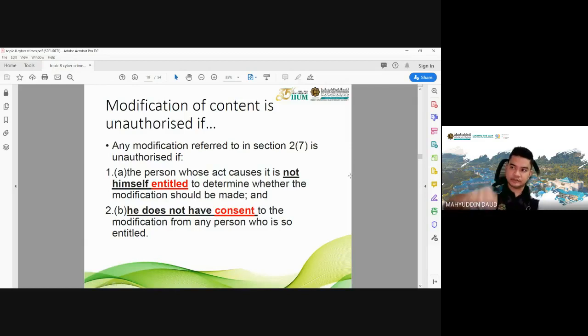Katalah there is this person who has the authority to do the modification, and this particular person has not given any authority or any consent to him to have this modification done. So under this context, he is said to be doing the modification of content without any authority.